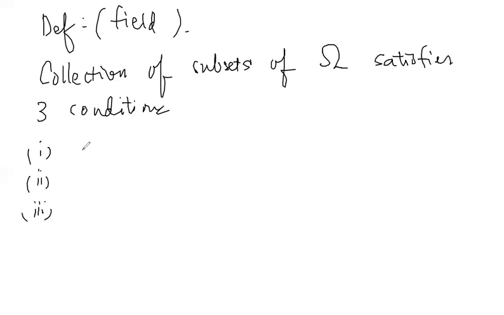The collection of subsets of omega I'll denote by the script F. The first thing is your omega must be inside this field. So your field is basically a collection of subsets with three particular properties.